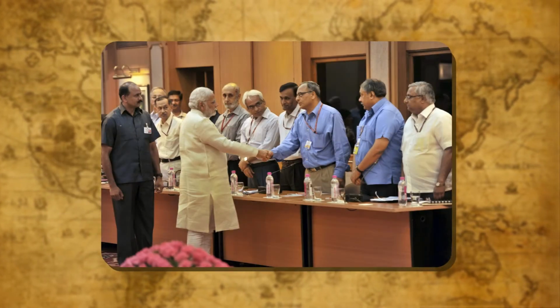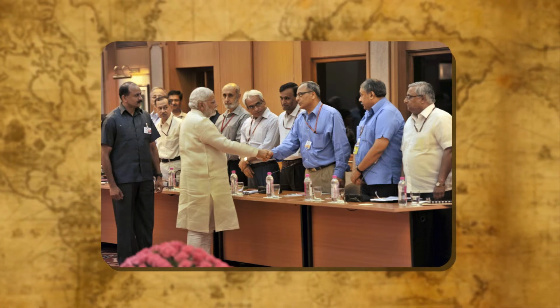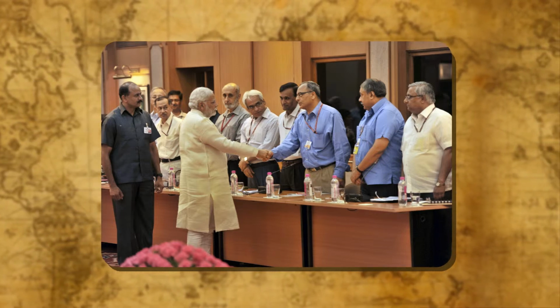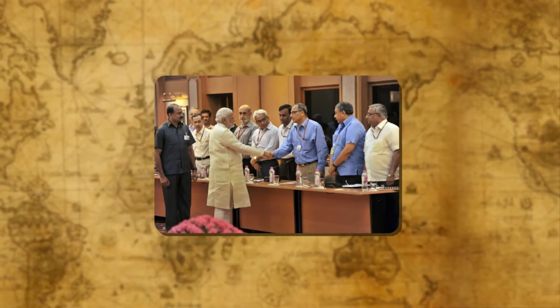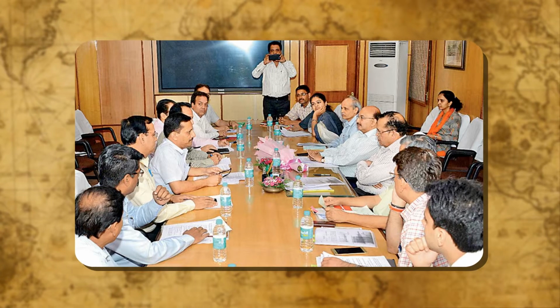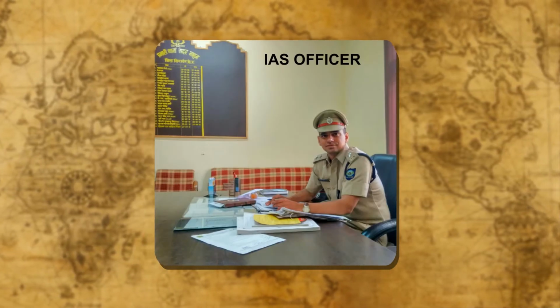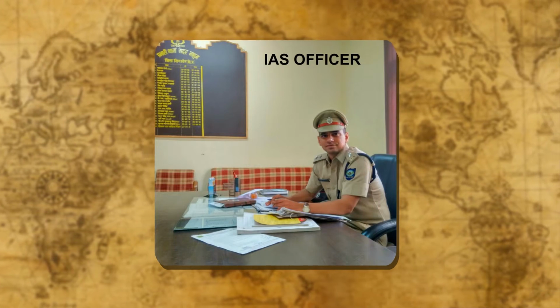The bureaucrats or the government officers manage the affairs of these departments under the overall charge of the concerned ministers. The bureaucratic head of each department is called a secretary. A secretary generally belongs to the Indian Administrative Service, IAS.